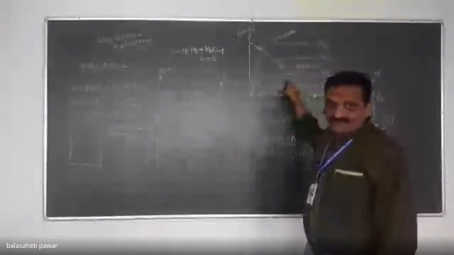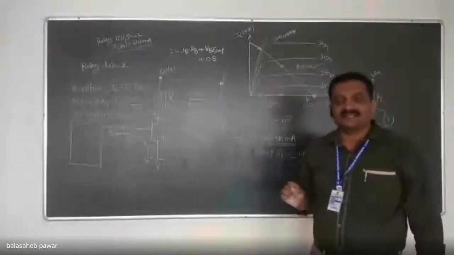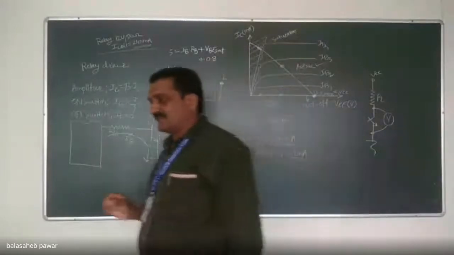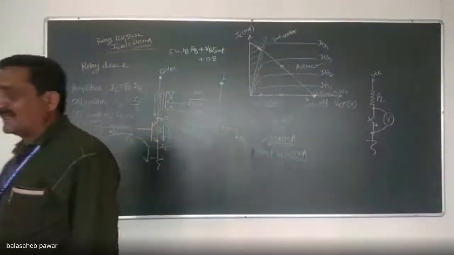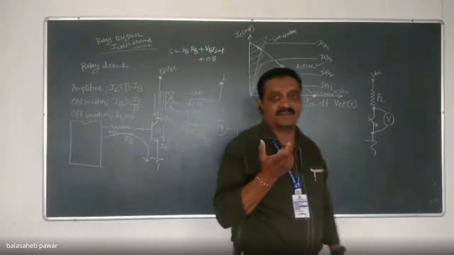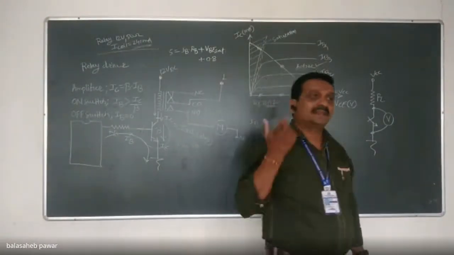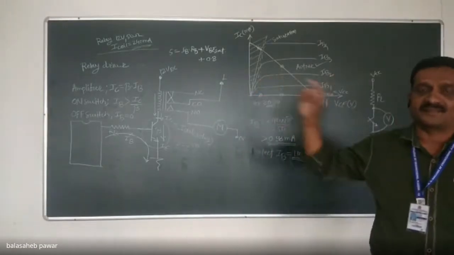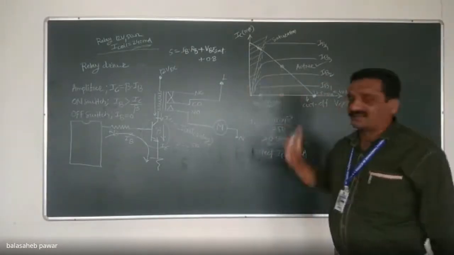When it operates in the active region or as an amplifier, then that voltage drop is taken as 0.7 volts.